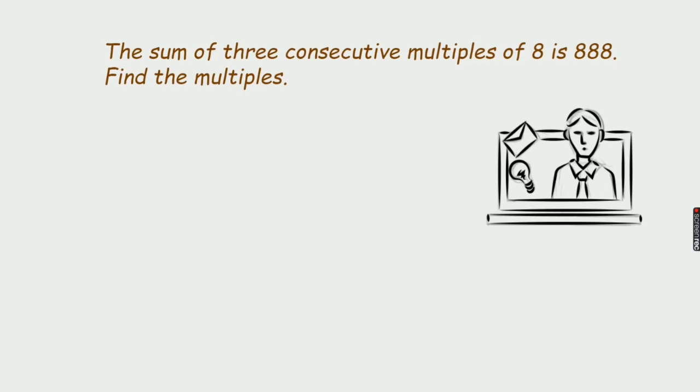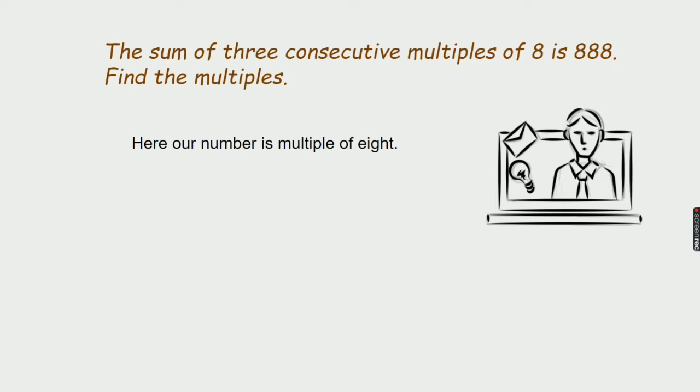The sum of 3 consecutive multiples of 8 is 888. Find the multiples. Here our number is a multiple of 8.